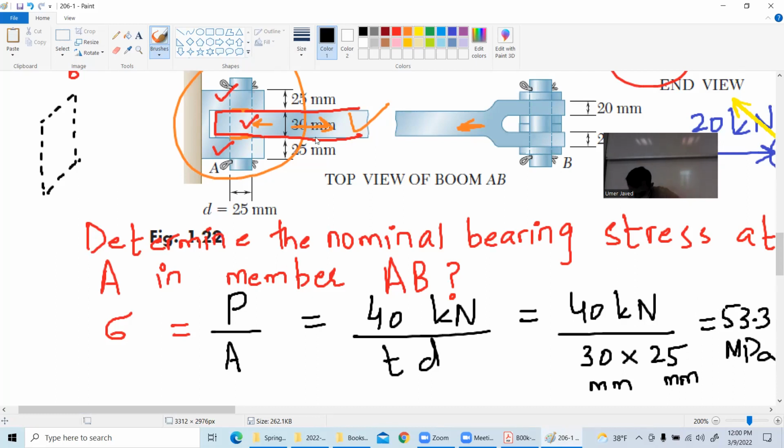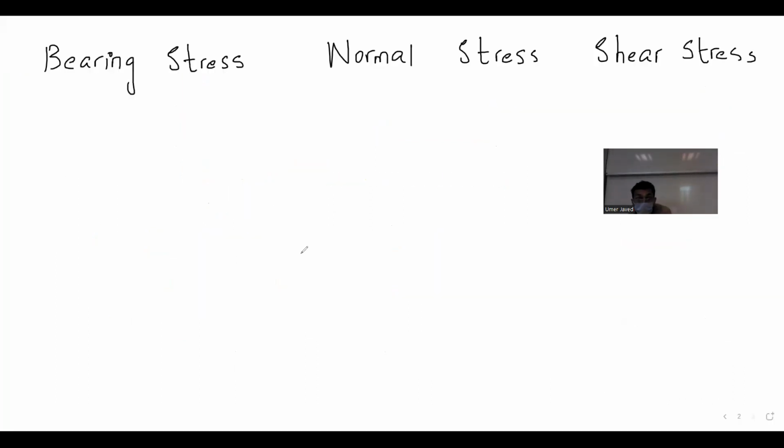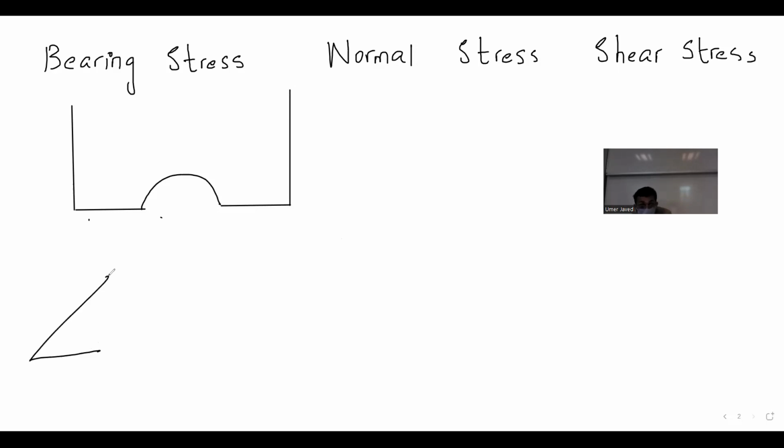So what happens is that if I have this object, and this object, and then this object, and now I have a nice and beautiful pin, let's say. So let me make a bracket for you. Then we will talk about it.